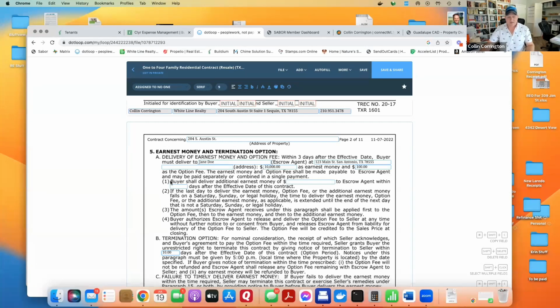Next thing is, buyers shall deliver additional earnest money to the escrow agent, who is Jane Doe, within blank days of this. Most of the time, folks, I don't do additional earnest money. These are usually large transactions where I put $10,000 now, and I'll put $10,000 again after my termination period is over.